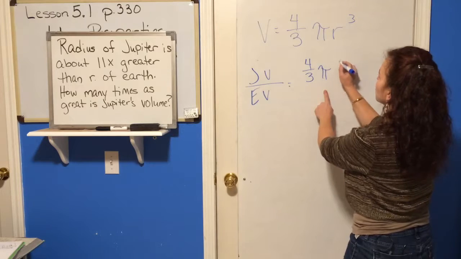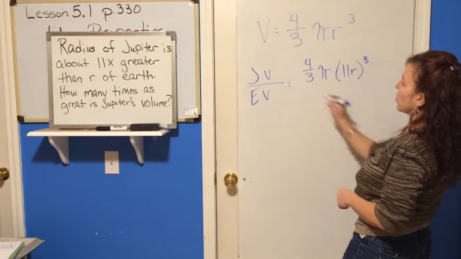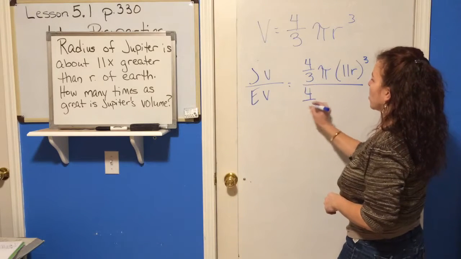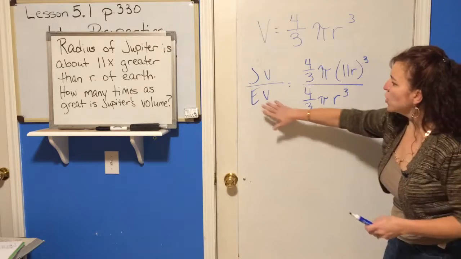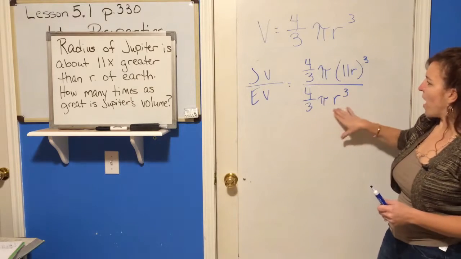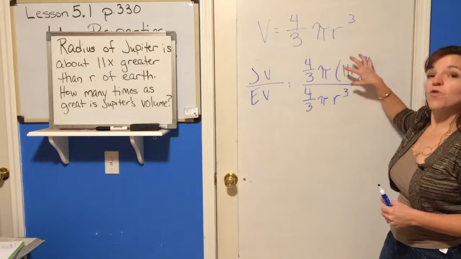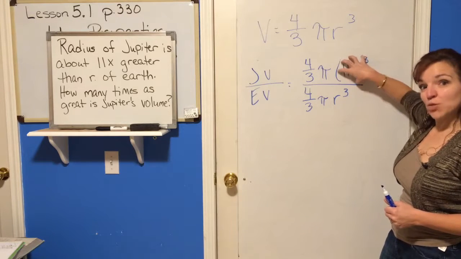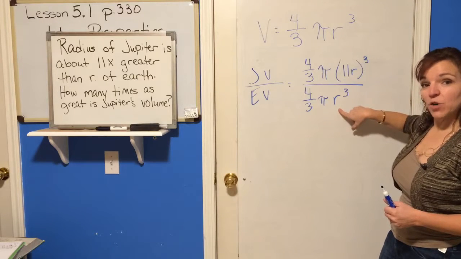So now Jupiter's volume is going to be 11r cubed. And Earth's is 4/3 pi r cubed. All right, so Earth's volume is 4/3 pi r cubed. Jupiter's volume is 4/3 pi times its radius cubed. Its radius is 11 times the radius of Earth.